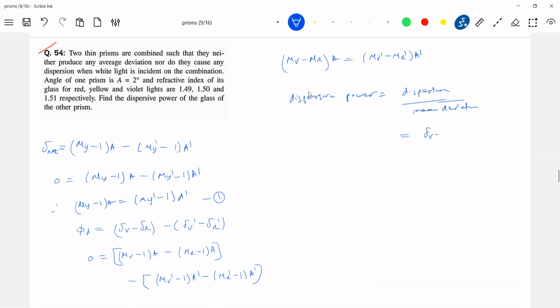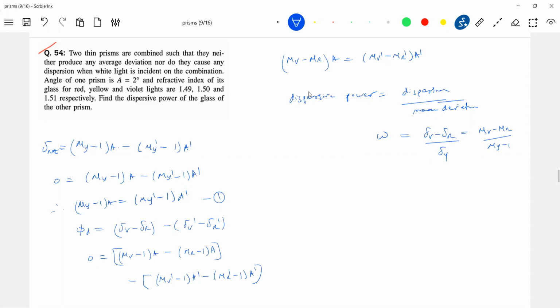What is the dispersion, and the deviation is what? So everything will end up like this, no? This is the formula. The A will get eliminated. So this is dispersive power.